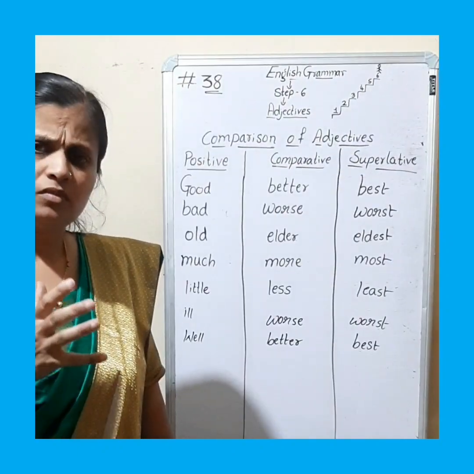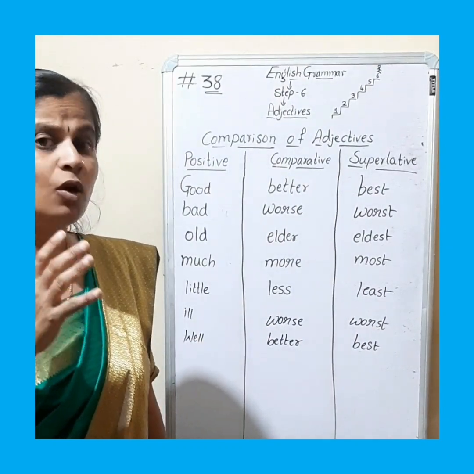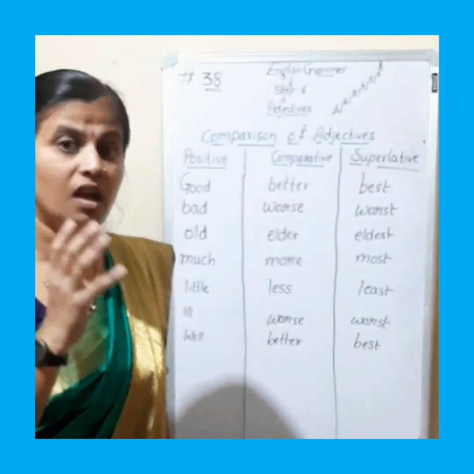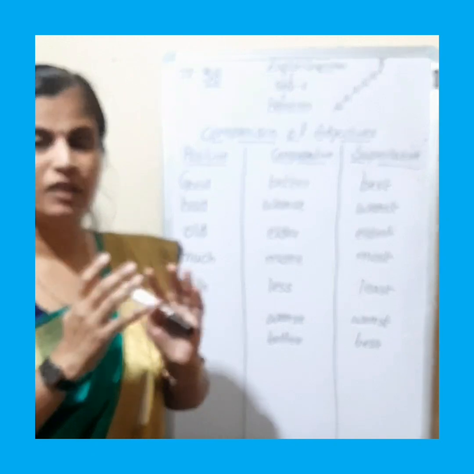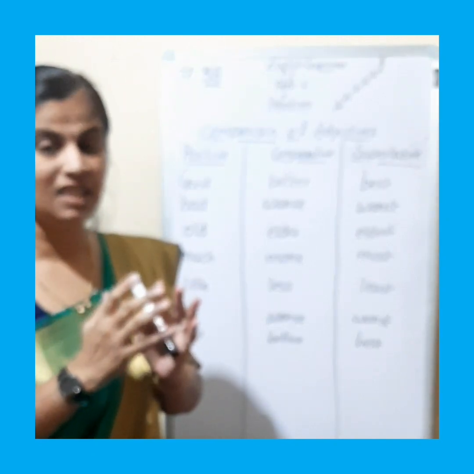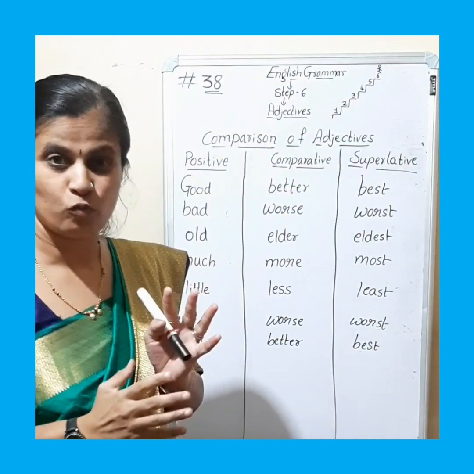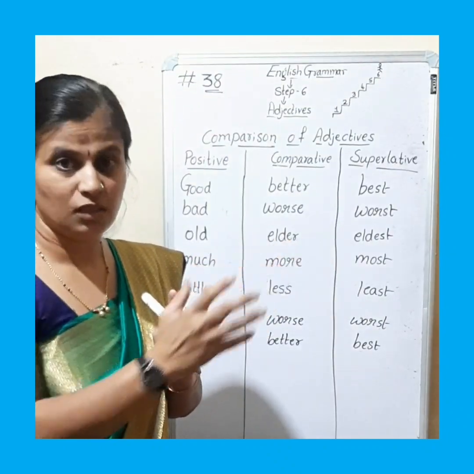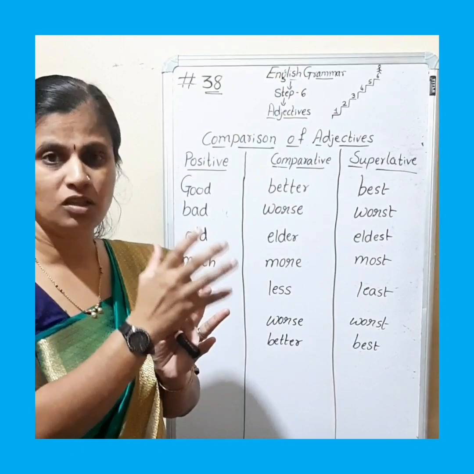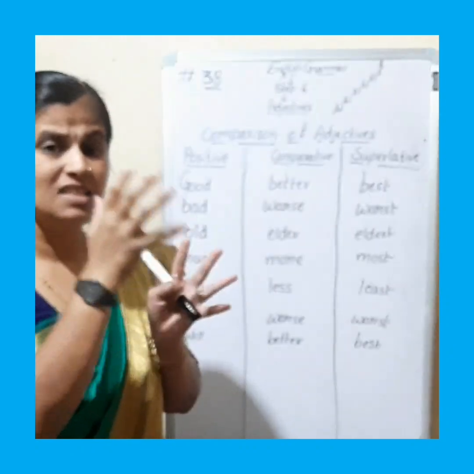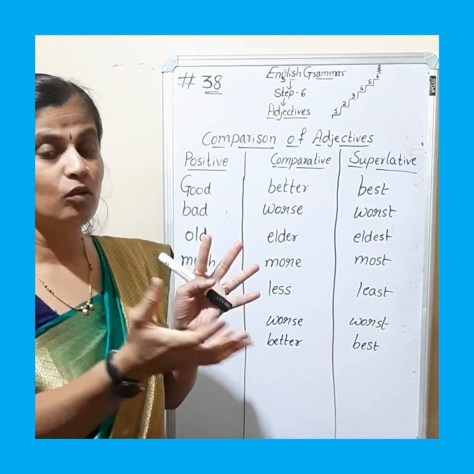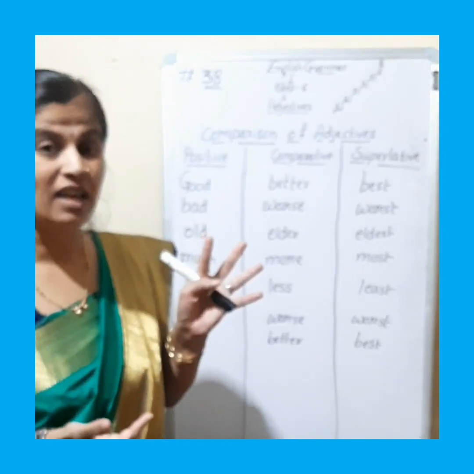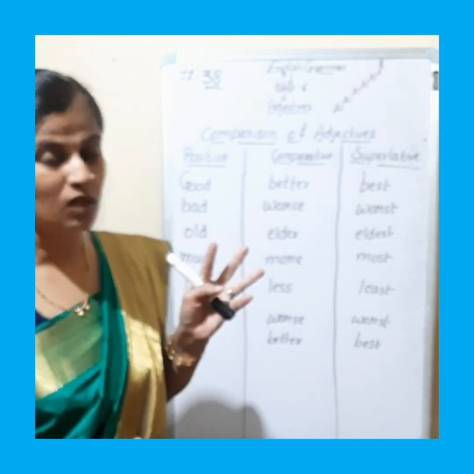There are some adjectives which are compared irregularly. For example, till now what we have said is that er and est are to be added for one or two syllable words, for example short adjectives, whereas more or most is to be added for long adjectives or two or more syllable words.